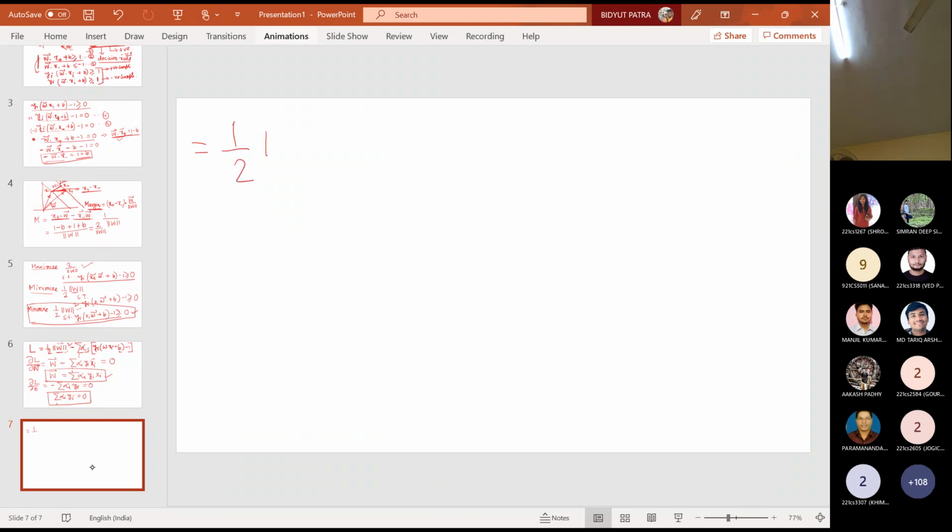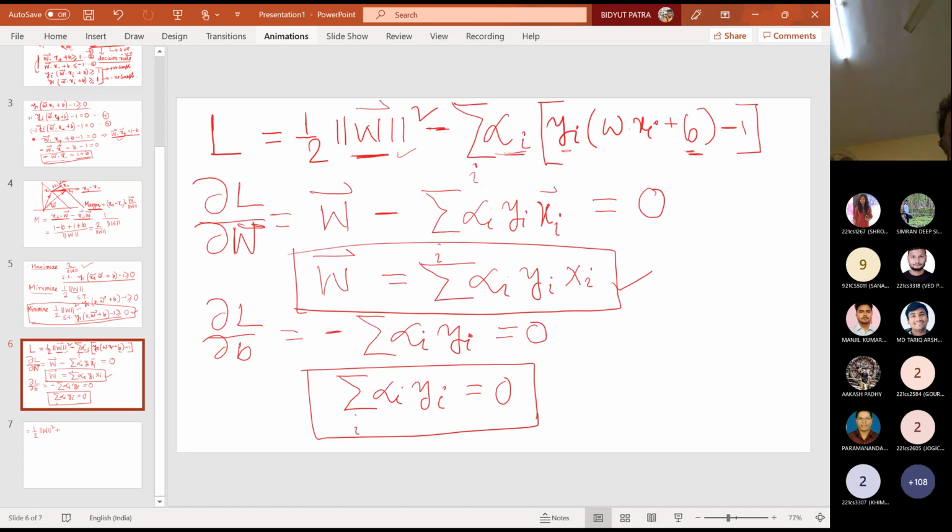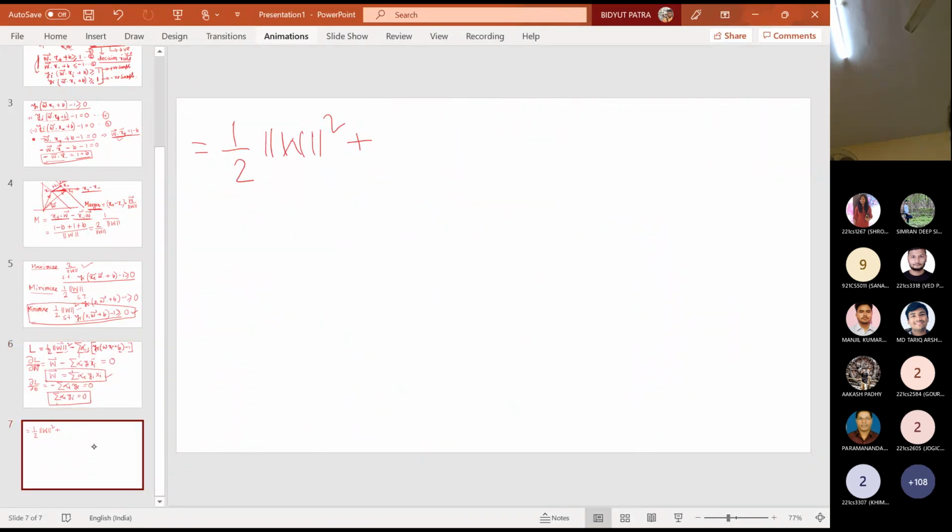Half of W square plus, here, minus alpha I yi. So okay, first term is minus, this plus, no, this is plus alpha I, right? So it should be plus summation over I alpha I.